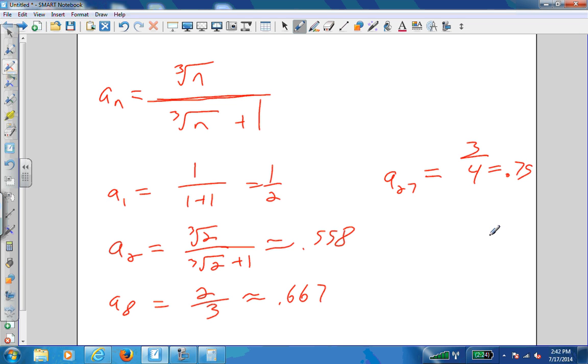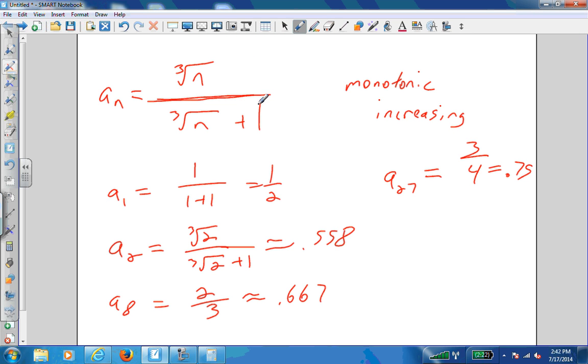Notice that's monotonic. Each value is getting a little bit bigger, and a little bit bigger. It's monotonically increasing. So if it's bounded, then we know that it's going to converge.